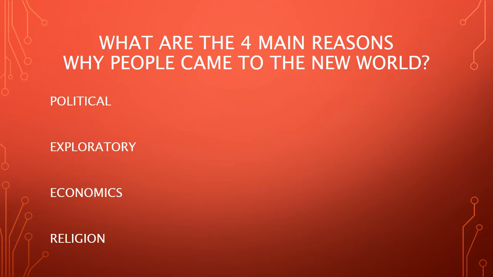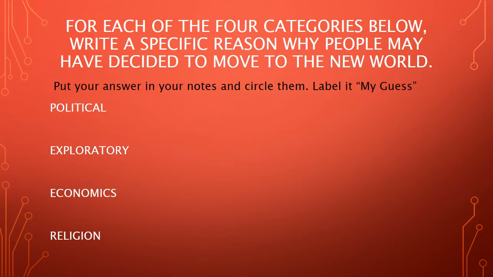So let's look at our political reasons, but first you need to do something. For each of the four categories below, write a specific reason why people may have decided to move to the New World.